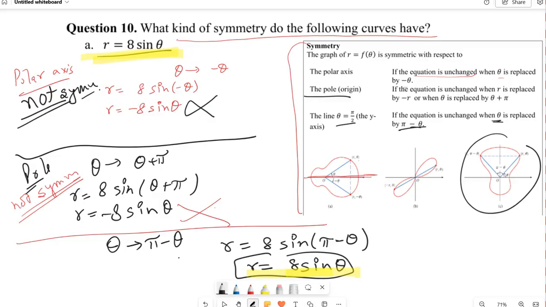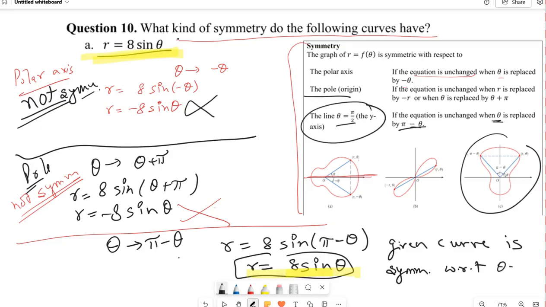So we're going to say the given curve is symmetric with respect to theta equal to pi by 2 line, or you can simply say y-axis because that is the vertical line. You can also just look at the graph of the equation.